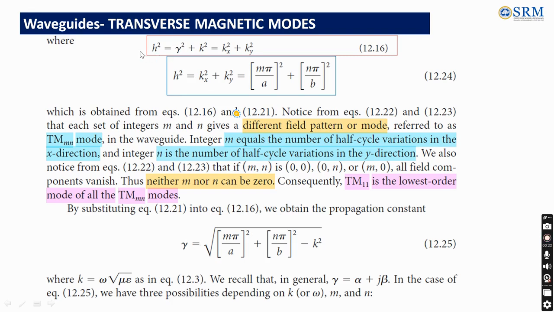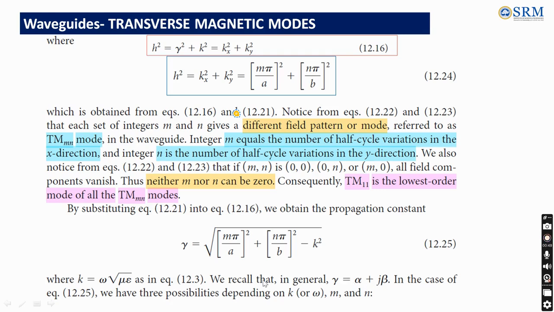It is the root of h square minus k square, where h square is nothing but m pi by a the whole square plus n pi by b the whole square, and minus k square is there as it is, where k is omega into root of mu epsilon, right? We generally know that gamma is nothing but alpha plus j beta, that is, the propagation constant is the sum of the attenuation and phase constants.